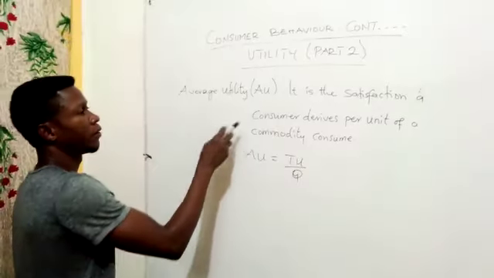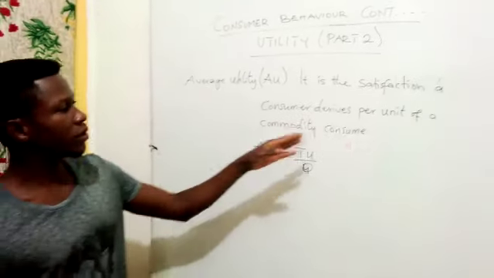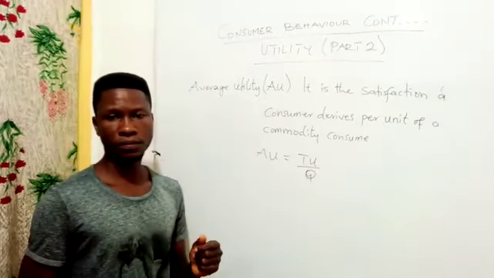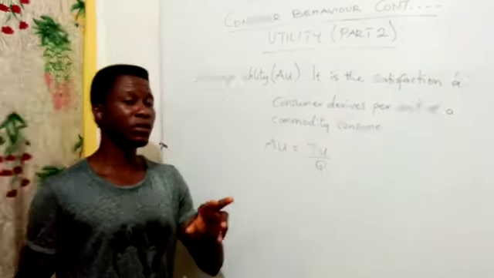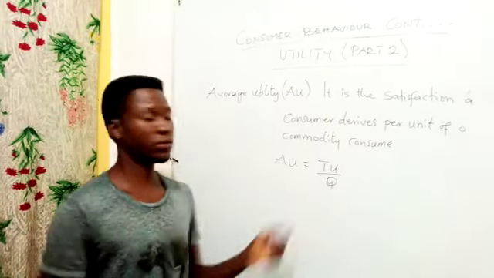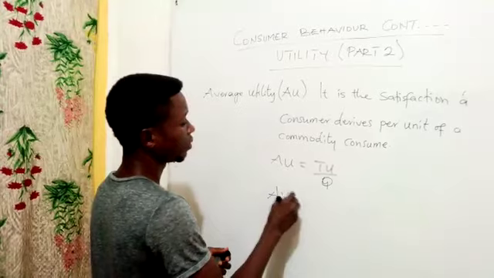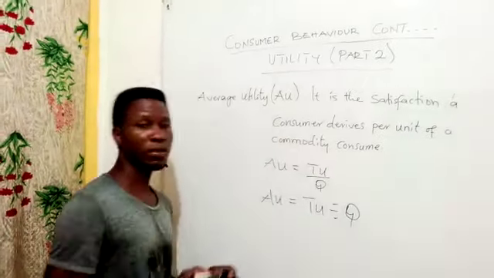The average utility is the satisfaction a consumer derives per unit of a commodity consumed. Is that okay? Per unit. And how do we calculate average utility? It is the total utility divided by the quantity. So this is the formula. You can also write AU equals TU divided by what? Q. It's the same thing.